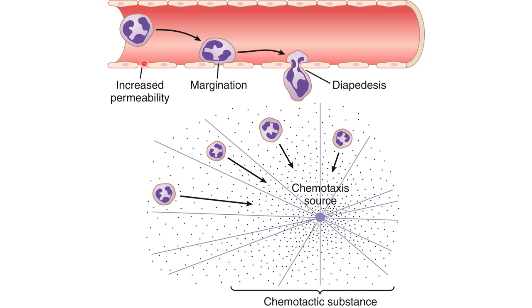And the lining of the blood vessel will be very sticky because of this substance, no? The chemotactic substance released. So once it becomes sticky, as white blood cells travel the blood vessel, they will encounter the lining of the blood vessel, which is very sticky, and so they will stick into the lining. This is what we call margination.